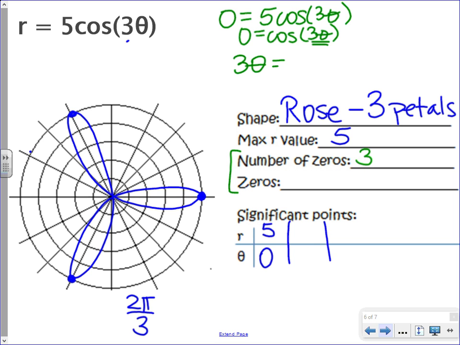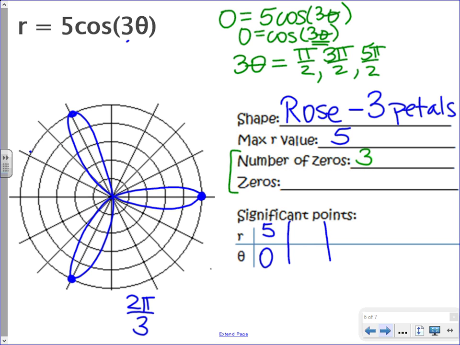So, the cosine is 0, first of all, where? Pi over 2. Next place, 3 pi over 2. We need 3 zeros, so we need 1 more. 5 pi over 2.